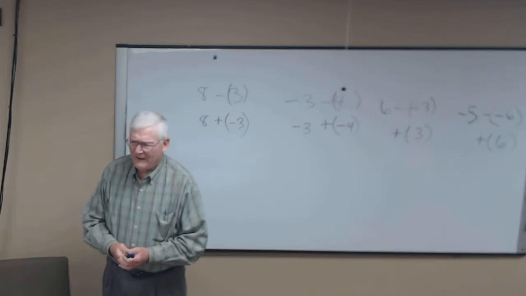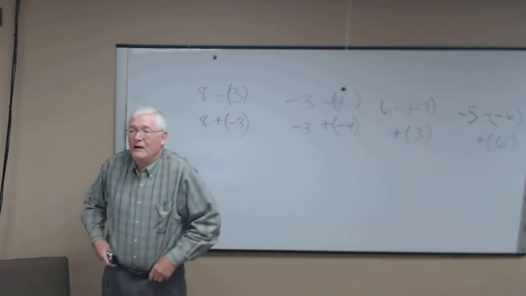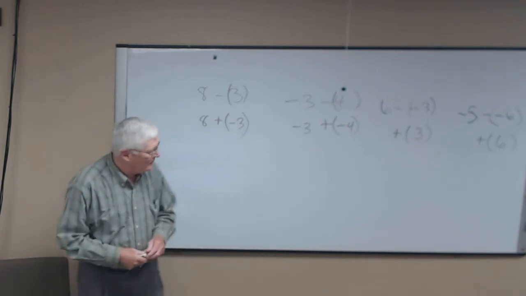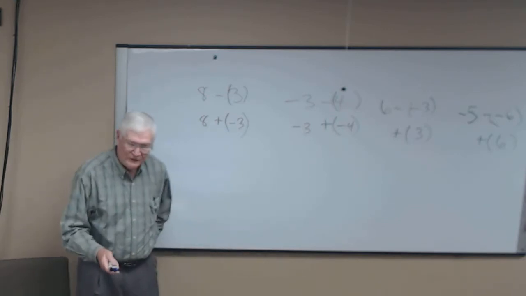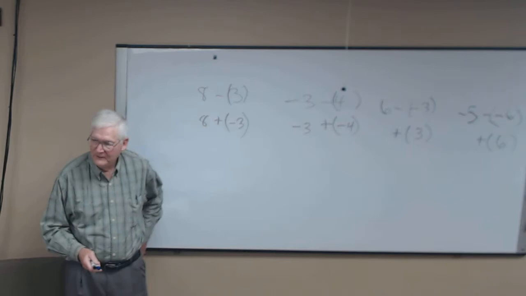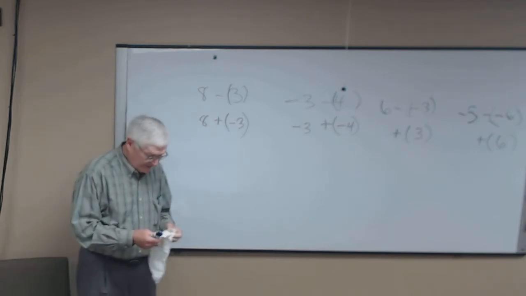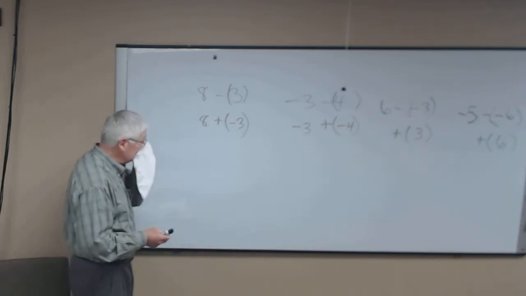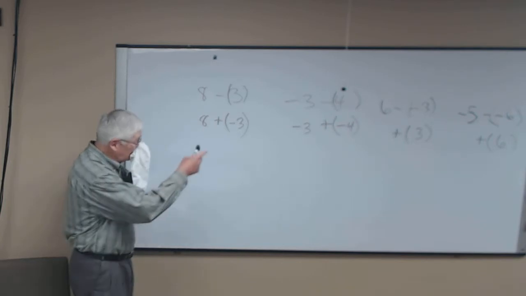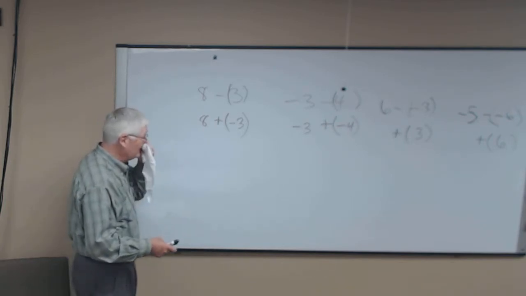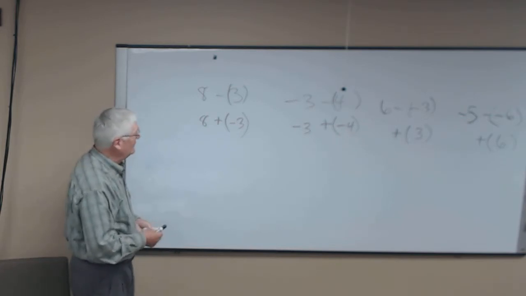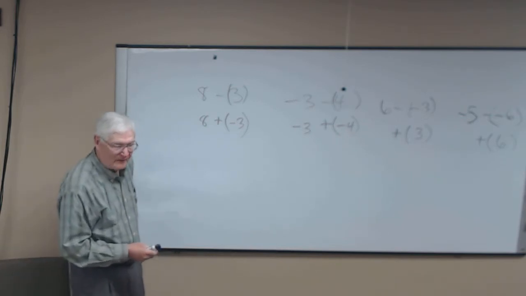So you go, why are they making me do this? Because this is an area where people make a lot of mistakes. So what they're saying is, when you see a subtraction problem, then the safest thing to do when you're working with integers is to translate it to an equivalent addition problem.